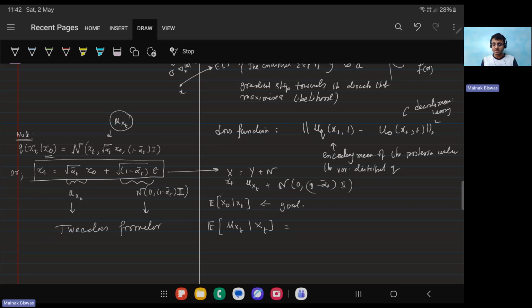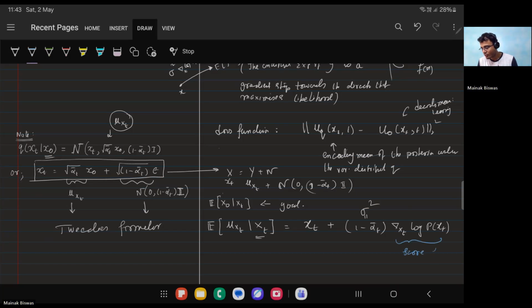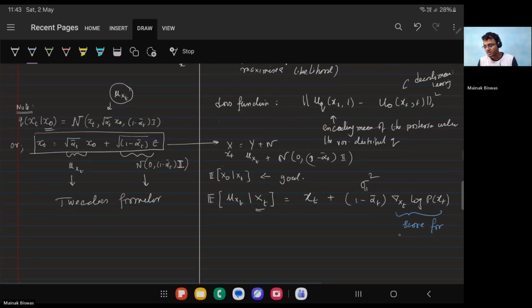Very simple, isn't it? This is going to be xt plus sigma squared, which is equal to 1 minus alpha t bar, into the gradient of xt log p of xt. So as soon as I do this, I get the score in the equation, the score for the tth time point's distribution.